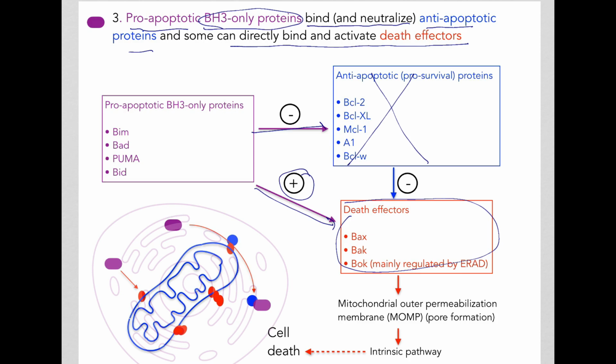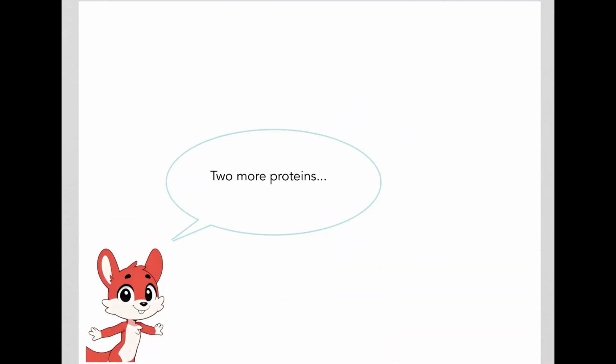So both of these mechanisms, either by inhibiting this or by activating this, is going to lead to MOMP. That's going to cause the intrinsic pathway to be triggered, and that's going to result in cell death by apoptosis.